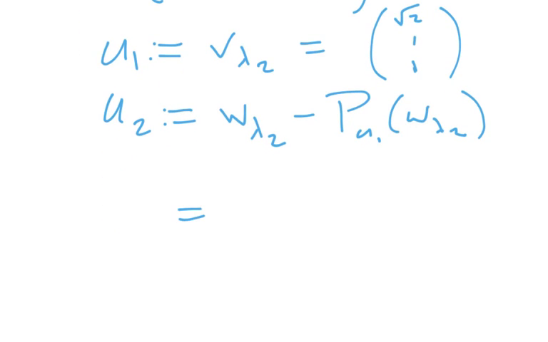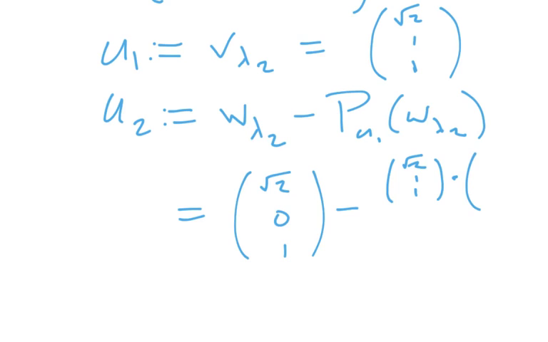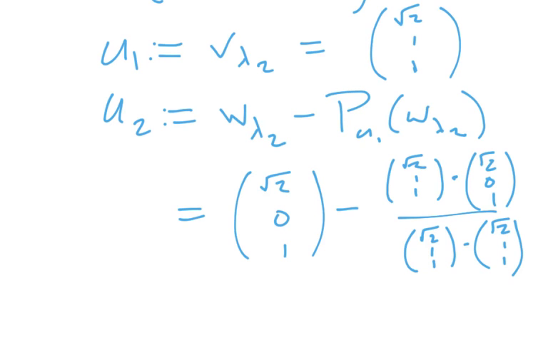So w lambda 2, this is root 2, 0, 1, minus the projection onto U1 of w lambda 2, so that's going to be root 2, 1, 1 dotted with root 2, 0, 1, over root 2, 1, 1 dotted with root 2, 1, 1. And this is going to be in the direction of root 2, 1, 1.